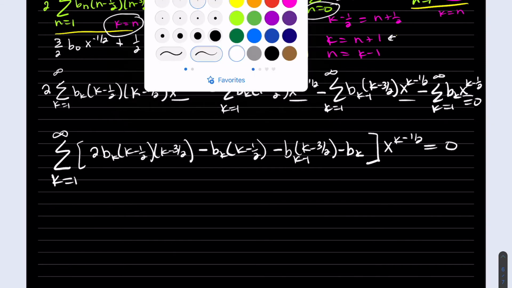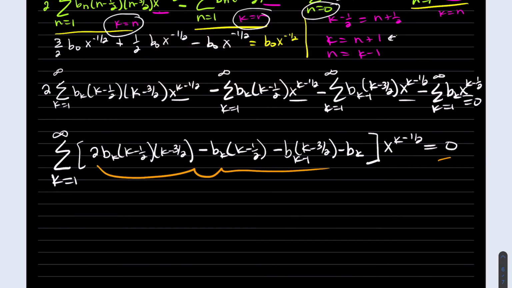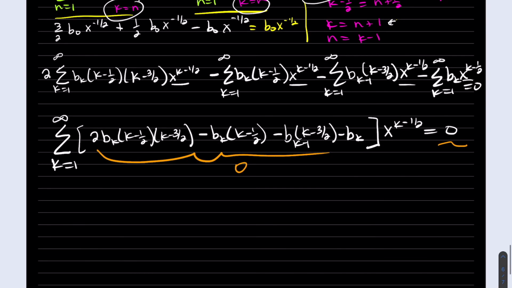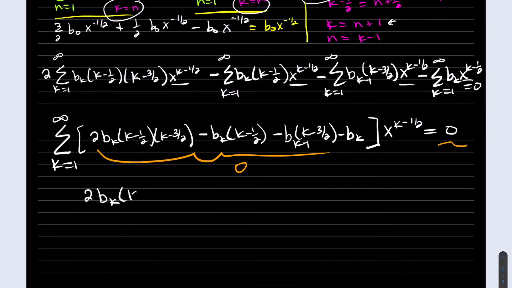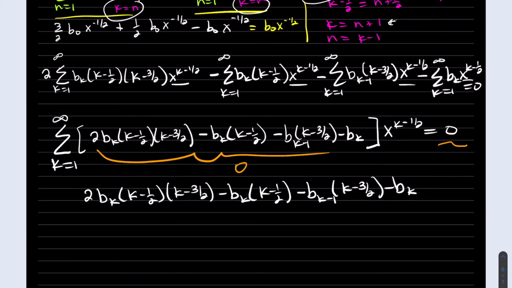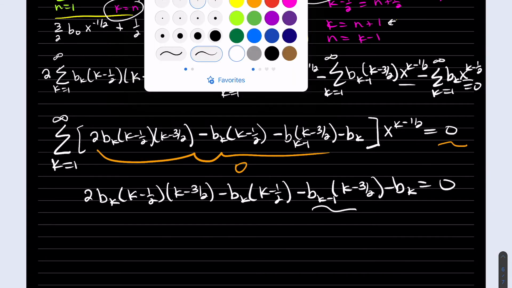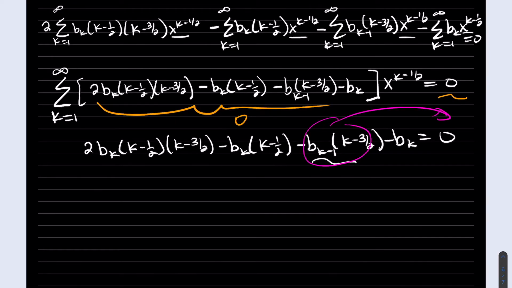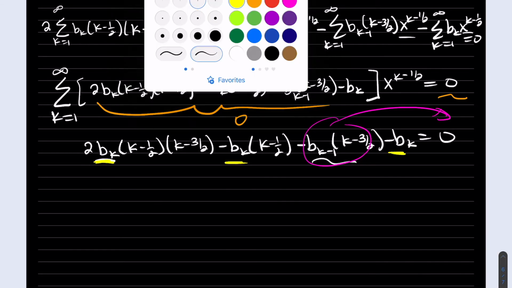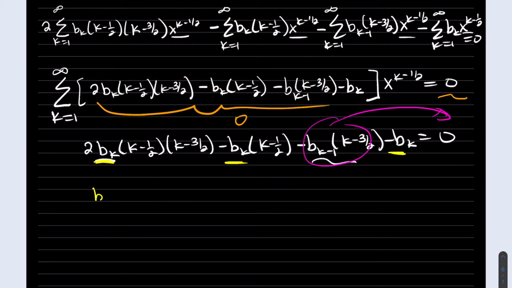And so now we do know that because this is equal to 0, it is all equal to 0 by equating coefficients. And let's write that. So we'll bring this one to the other side, because it's the only one that's different. So what's left over here is all b_k's, so I'm going to factor them out.